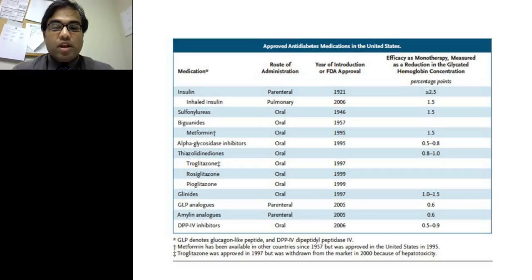The other thing to note is that, due to an experience with one diabetic agent, all new diabetic agents used in type 2 diabetes, and in fact even various newer insulin formulations, are mandated by not only the United States Food and Drug Administration, but even the European agencies to have a defined cardiovascular outcome study.